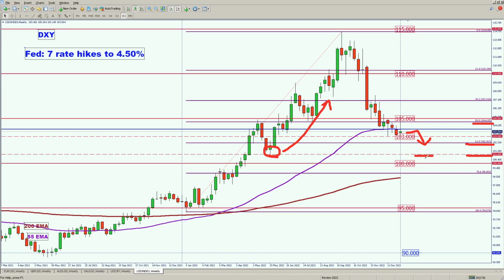Worst case, it may go all the way to test the key round figure at 100. But we'll see what happens in the upcoming weeks, especially as we move closer towards the February 1st meeting. But yeah, that's the picture on the US side.